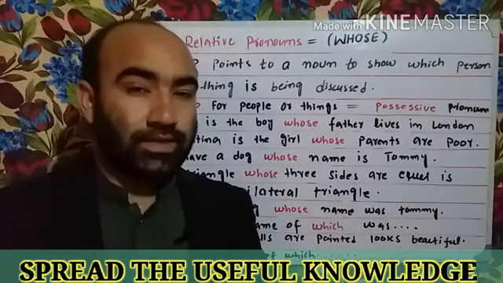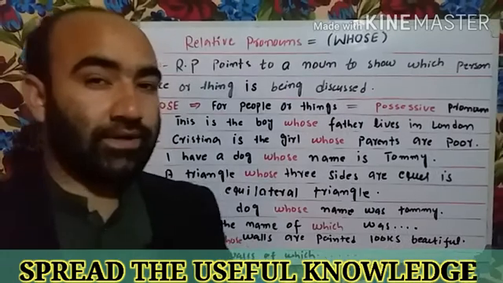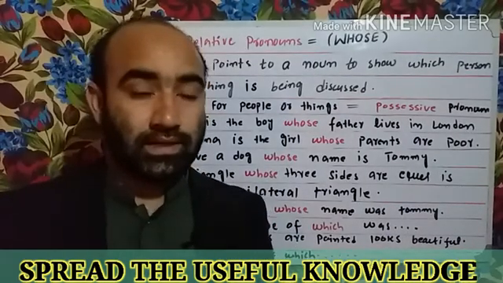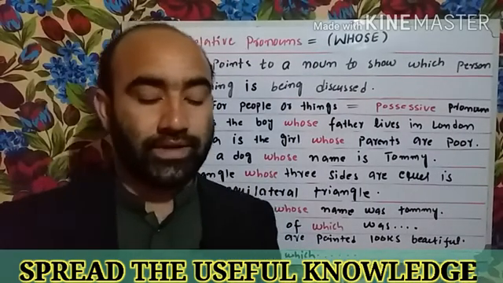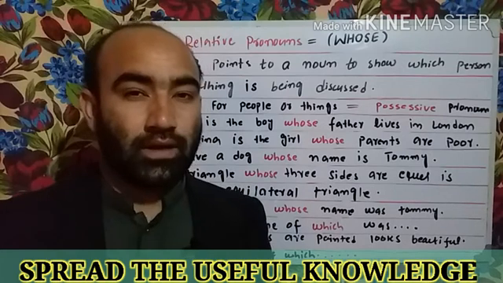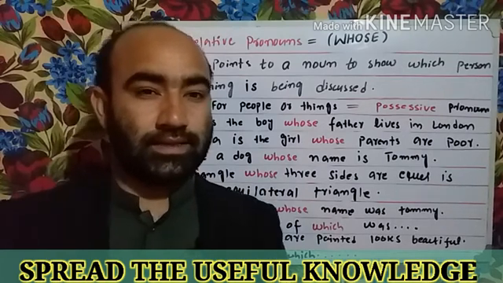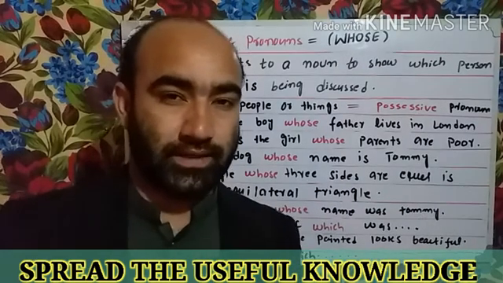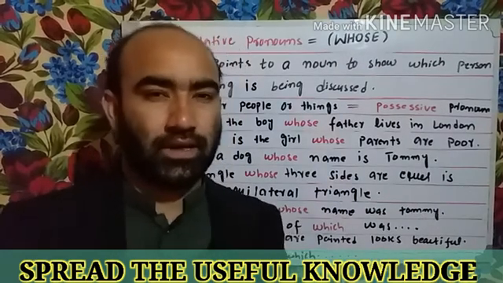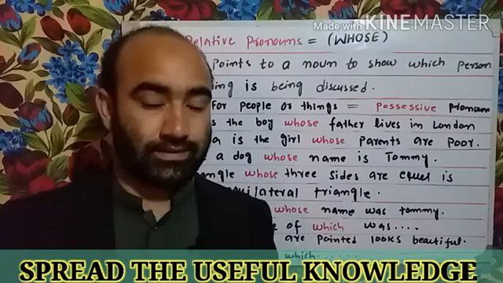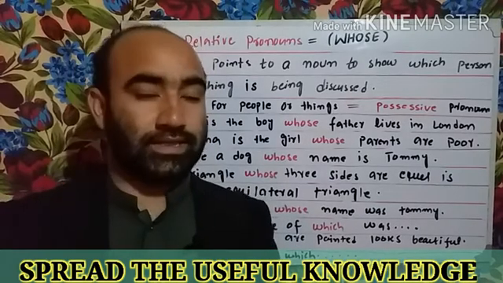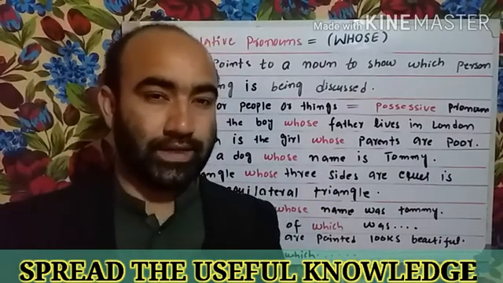For example, in the possessive, in the noun, we had learned that, for example, this is Salman's brother Wahid. We had learned about the apostrophe s. This is Salman's brother Wahid.